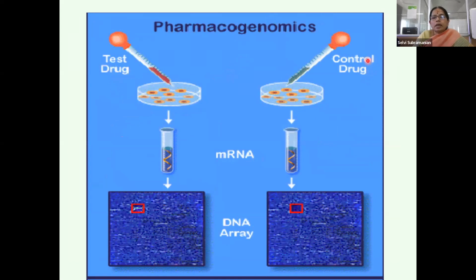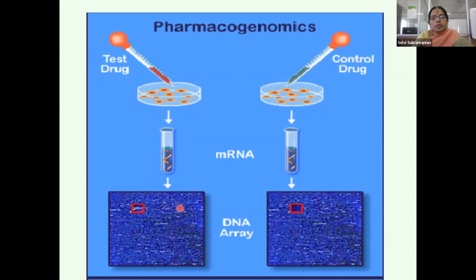You use a test drug and a control drug. For example, the test drug is metformin and the control is nothing but water. If it is for diabetes, maybe some pancreatic cell or something like that. The same cell is just fed with water. When it is fed with the drug, what happens? What are the genes which are upregulated?